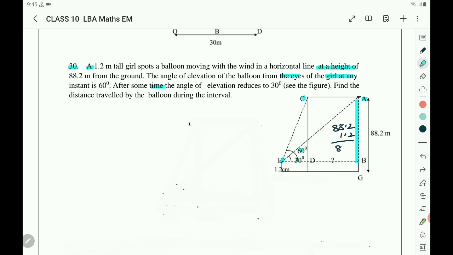Therefore we have to find out EB and ED by using the trigonometric ratio.